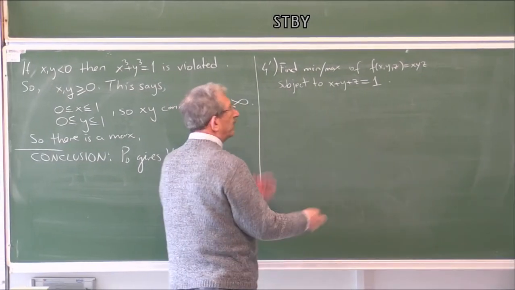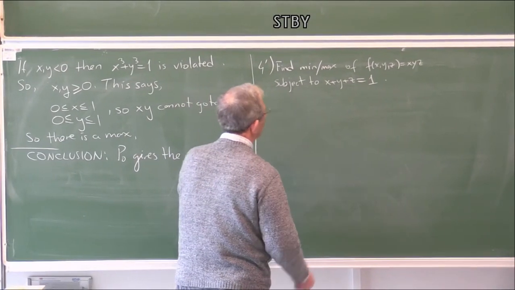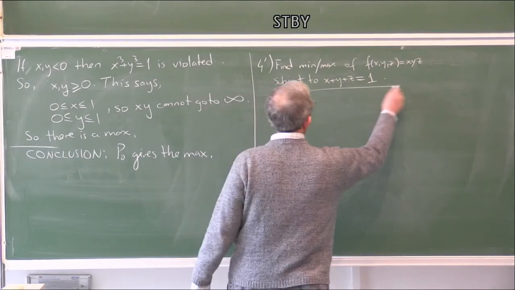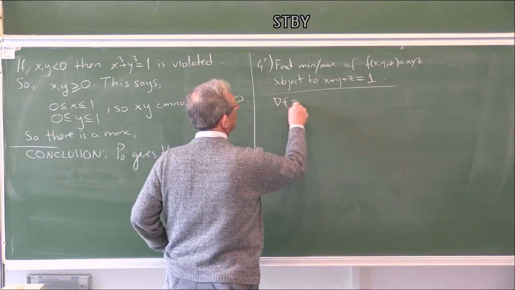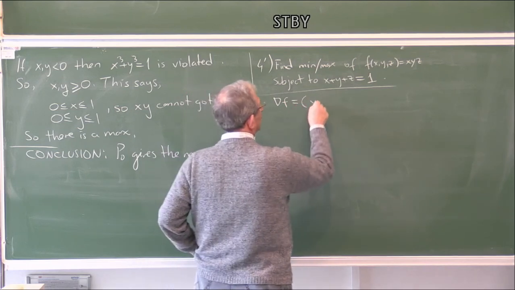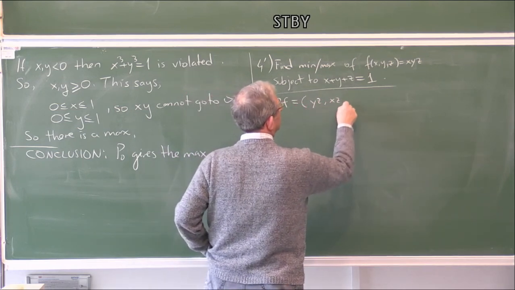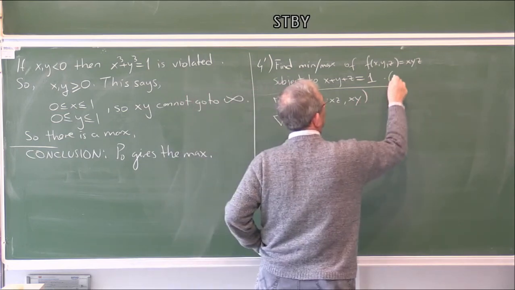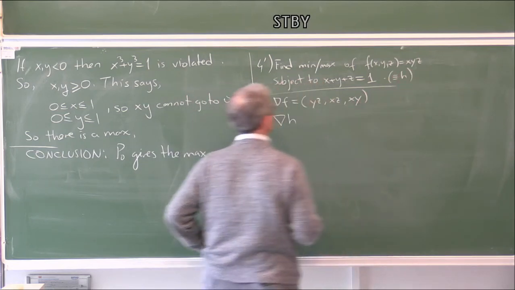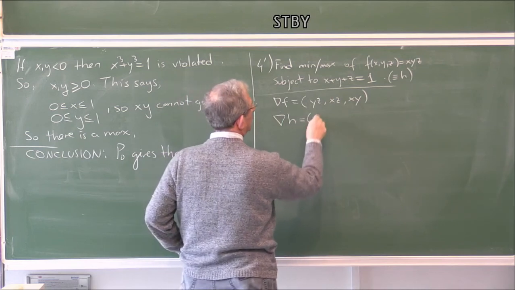Now, being a Lagrange problem, I will not go into more details, directly start calculations. Now, the gradient of f is just yz, xz, and xy. The gradient of h, call this H, would be 1, 1, 1.